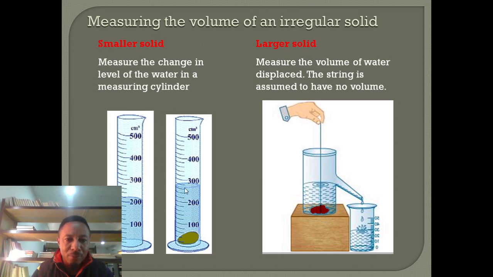Now the volume of the water is going to rise, then subtract the initial volume of the liquid from the final volume of the liquid. Now if you have a large solid, you can just put it in an Eureka can containing water at this level. The extra water is going to spill off into the flask you have here, a flat bottom flask, from which you can read off your volume.